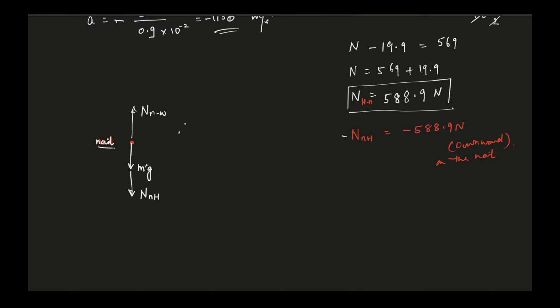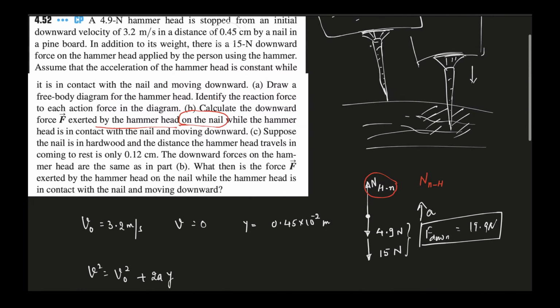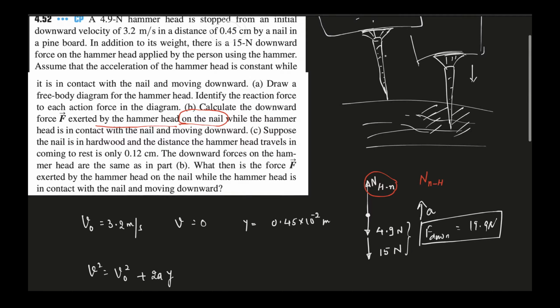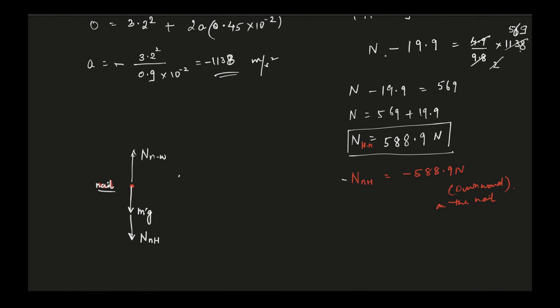That has been assumed: once they touch, they remain in contact, the contact will not be lost. So if the hammer is slowing down, obviously the nail is also slowing down. When you hit, the nail's speed was also maximum, which goes on reducing. So there is an acceleration in the upward direction.